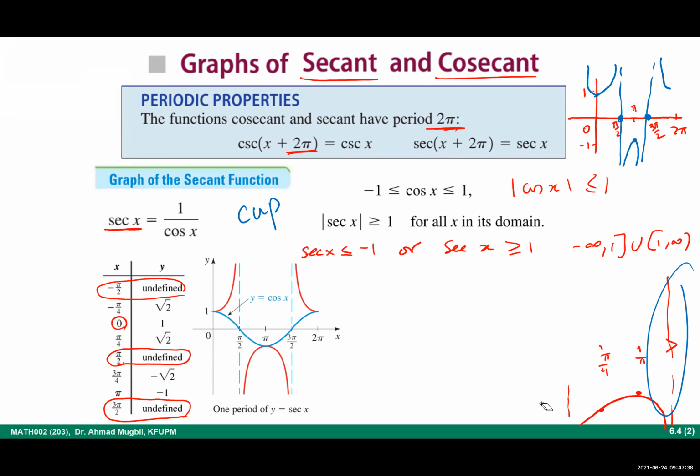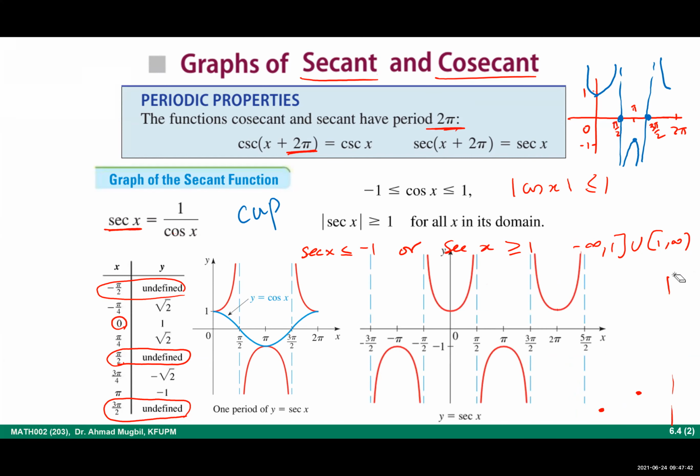If you want to go also to the right, to the left, you can of course continue. And notice that the graph of secant is U-shaped. It is just about U opening up and down. What is the most important feature in this graph? The vertical asymptotes. Where do they happen? Where cosine is 0. Whenever cosine is 0, you will have vertical asymptotes.